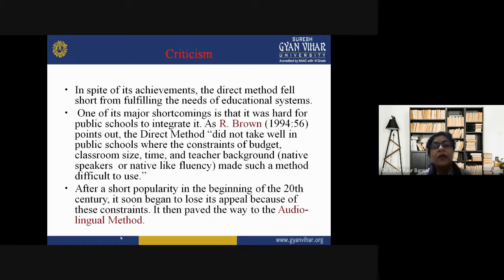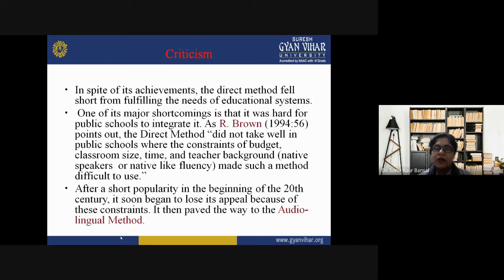The teacher is supposed to explain the meaning of the word in the target language only. And how is that possible? It is possible with the help of actions, devices, drawing something on the board, speaking that word in simple sentences or simple words that students can understand, or any synonym which is very popularly known by the students.